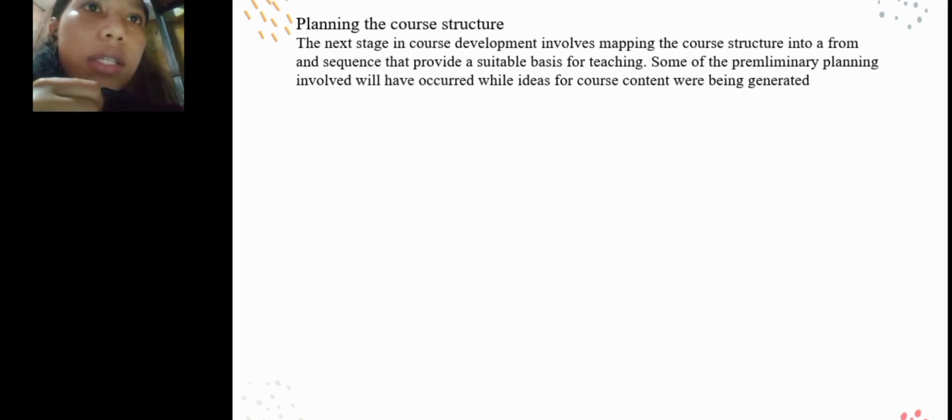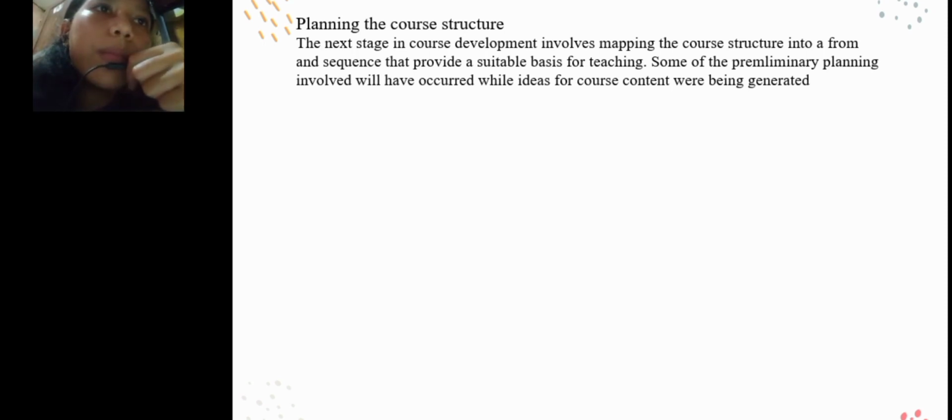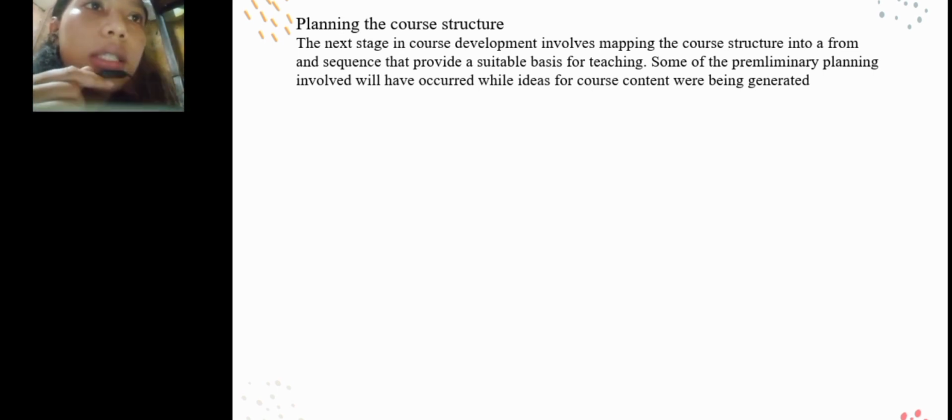The next stage in course development involves mapping the course structure into a form and sequence that provide a suitable basis for teaching. Some of the preliminary planning involved will have occurred while ideas for course content were being generated.